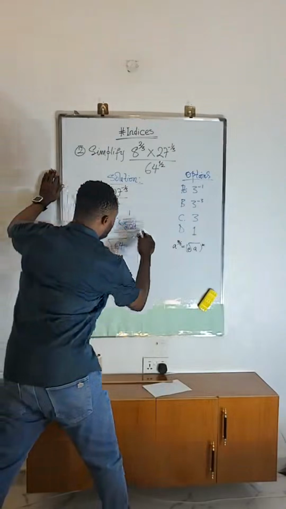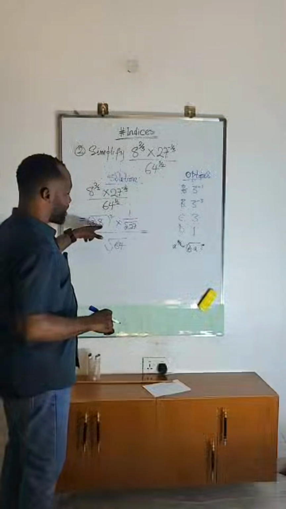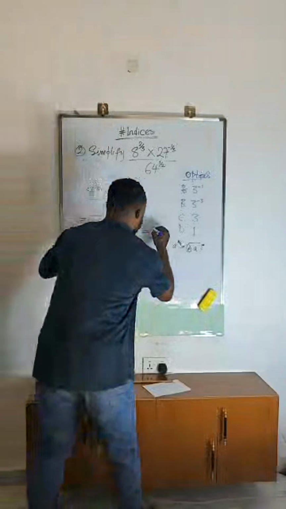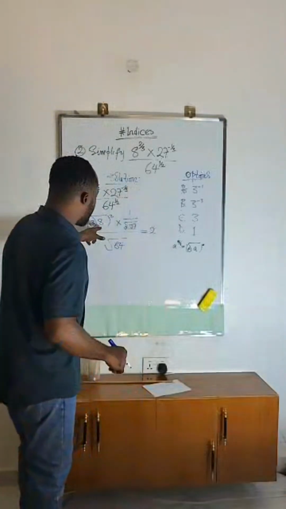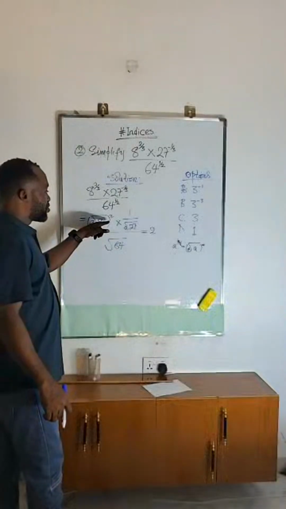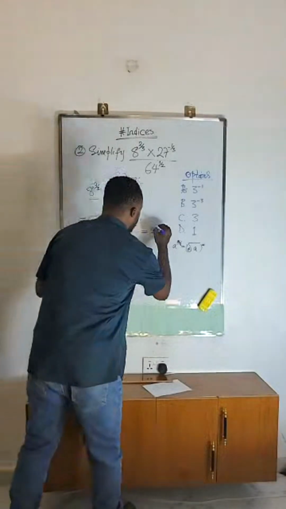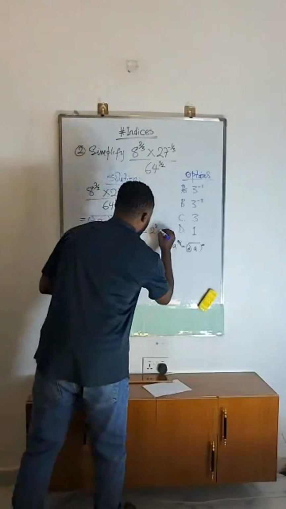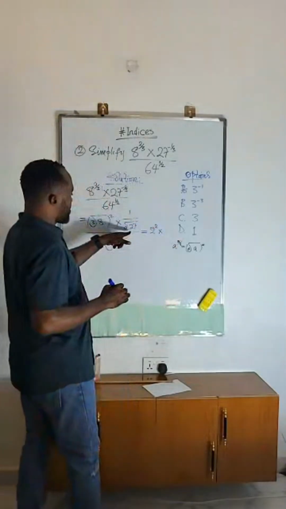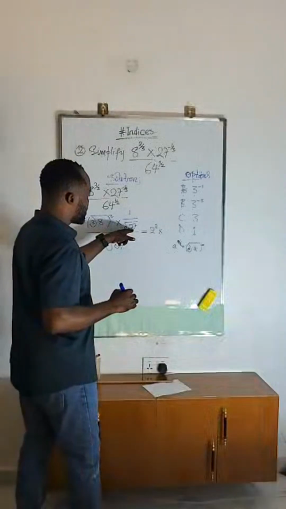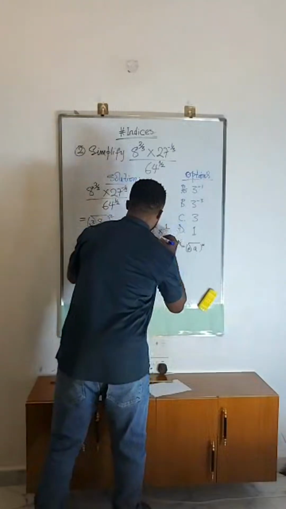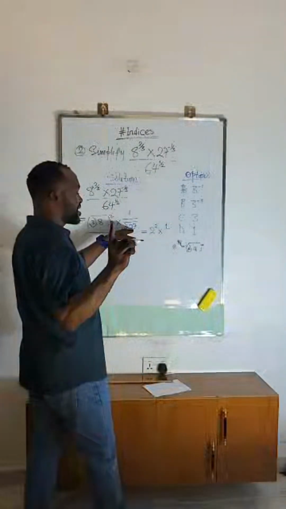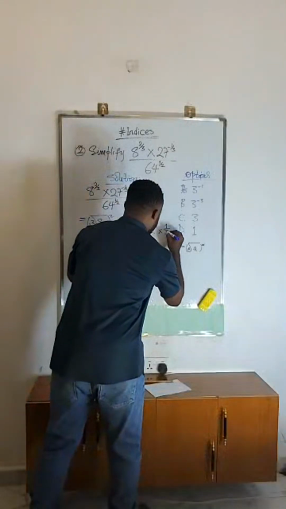If that is true, the cube root of 8 is 2, and so we write 2 raised to the power of 2. Multiply by 1 over the cube root of 27, which is 3.